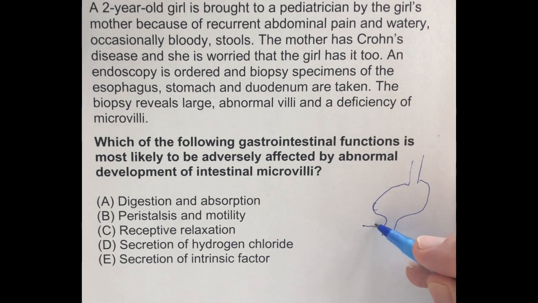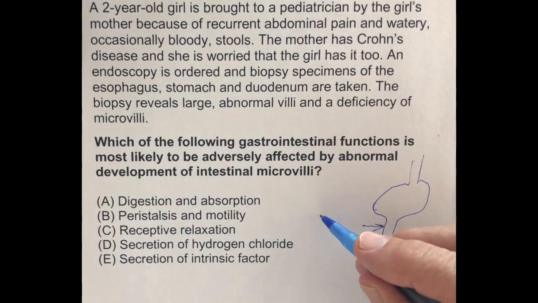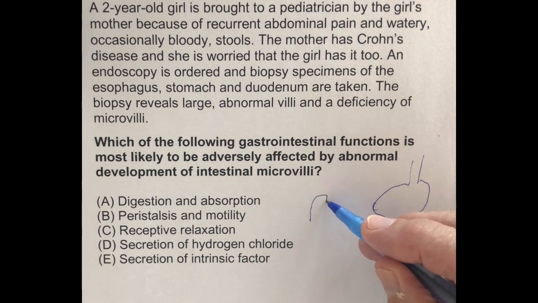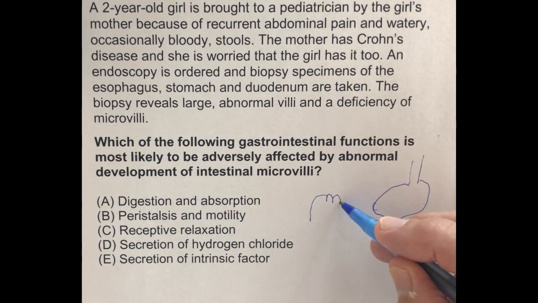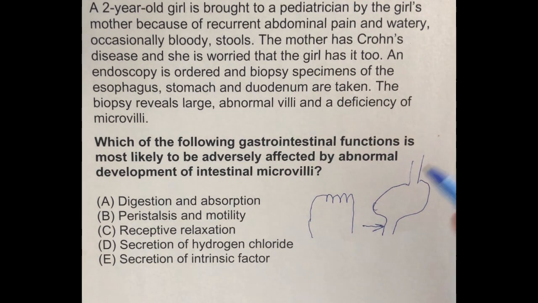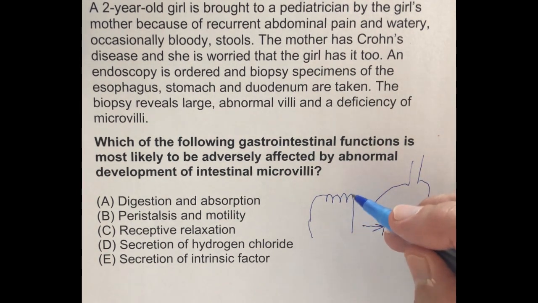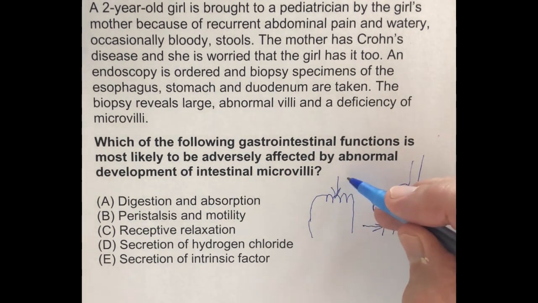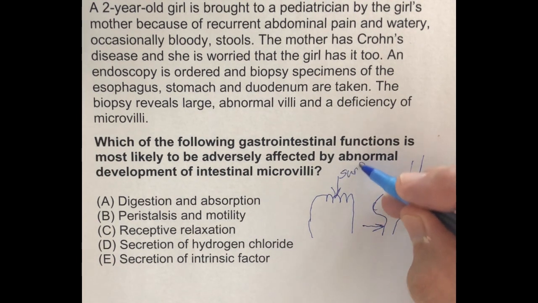And in the duodenum and the rest of the small intestines, we have these projections from the cells called microvilli that do what? They increase the surface area for absorption.